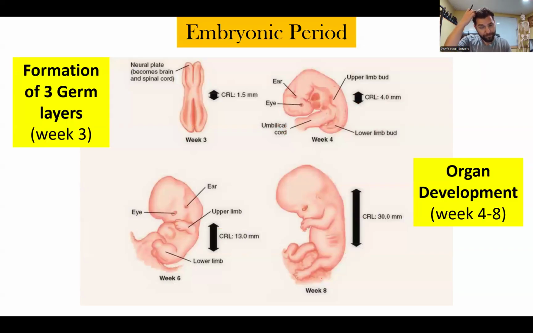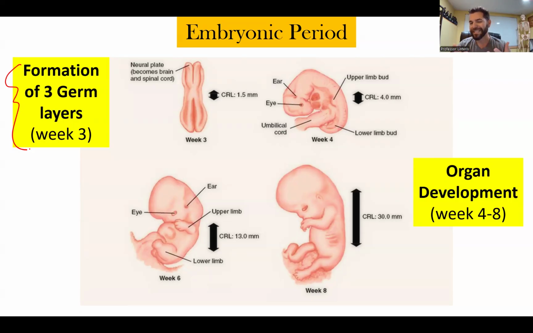So, what happens here? This is the initiation, if you will, of that embryonic period. The key thing is we start to see, and I think we see it on the next slide, the formation of 3 germ layers. And I'm going to tell you what that is, right?